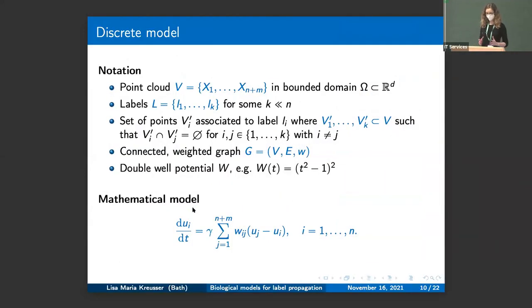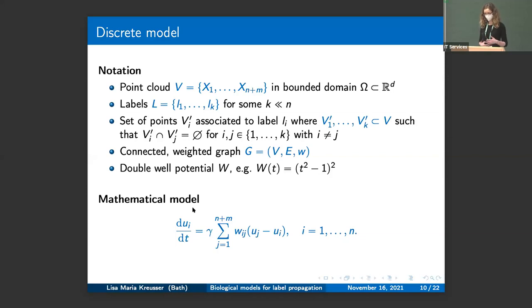So basically what we are going to do now is to look at this very large number of points x_1 to x_{n+m} on some kind of bounded domain, where we assume that we have a given number of labels L_1 to L_k, where the number of labels is generally rather small. And then we also assume that we have labeled sets of points already given, which are associated with each label.